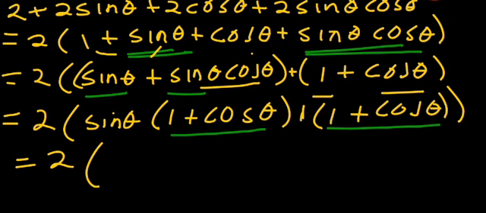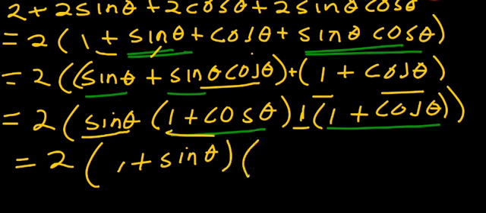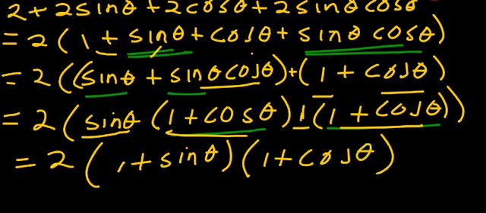What do we do here? We're going to get that plus that, so that is 1 plus sine theta. And then we are just going to get 1 plus cos theta, because this and that are the same thing. So we are done.